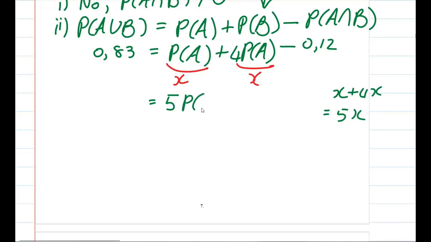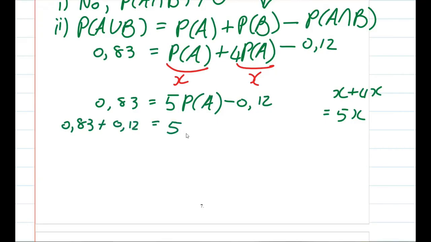Yes. And we still have the 0.12 and the 0.83 over here. So what do we do next? I'll take the 0.12 over and add it to the 0.83. Okay, so 0.83 plus 0.12, and then divide that by 5.